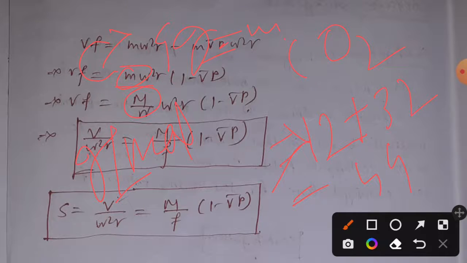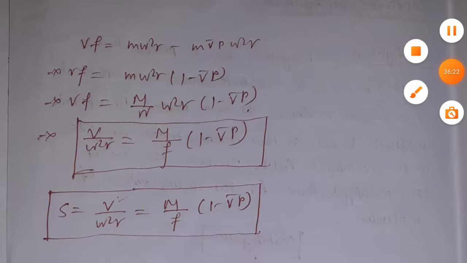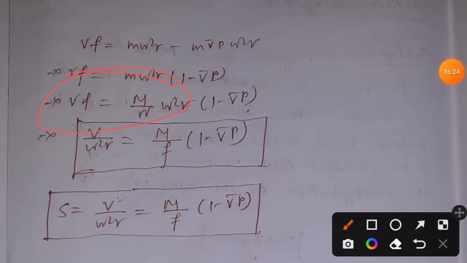And N is our Avogadro number, 6.022 into 10 to the power 23, that is very common to us. I am not repeating this anymore. Now by getting that formula, we can easily find the equation for the ratio of sedimentation velocity to the angular acceleration or centrifugal acceleration.